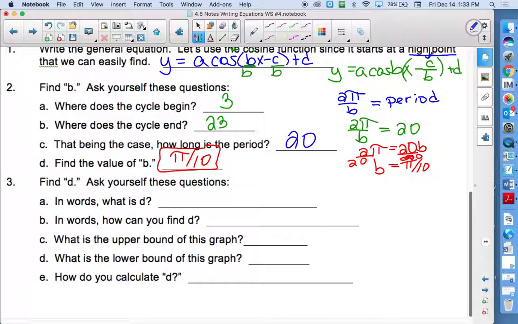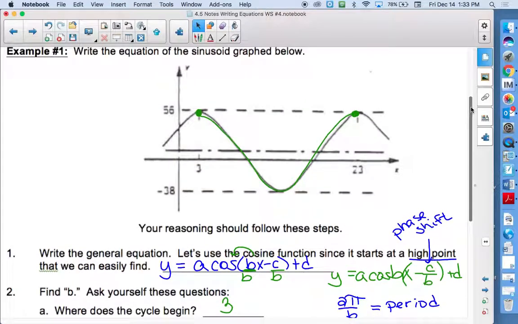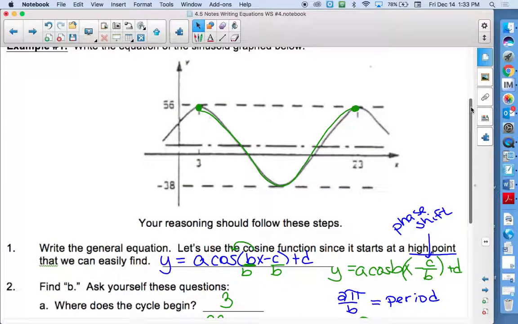So then the second thing it wants us to find is d. And it says, in words, what is d? So think about the graph. What does the d value mean to the graph? It's the vertical shift. Yeah, so it tells us how far up or how far down the graph goes.